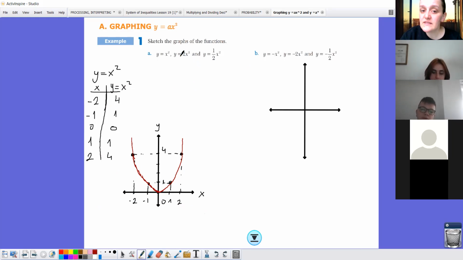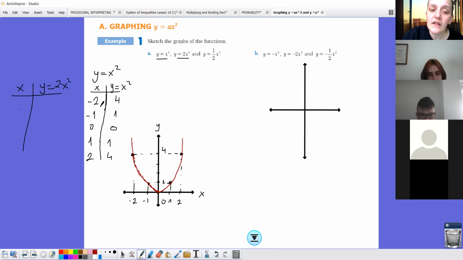Now let's see what is the difference between y is equal to x squared and y is equal to 2x squared, how it changes. So let me do here, x and y is equal to 2x squared. Then I will give the same values. When x is equal to -2, what will be y now? 2 times 4, it will be 8.